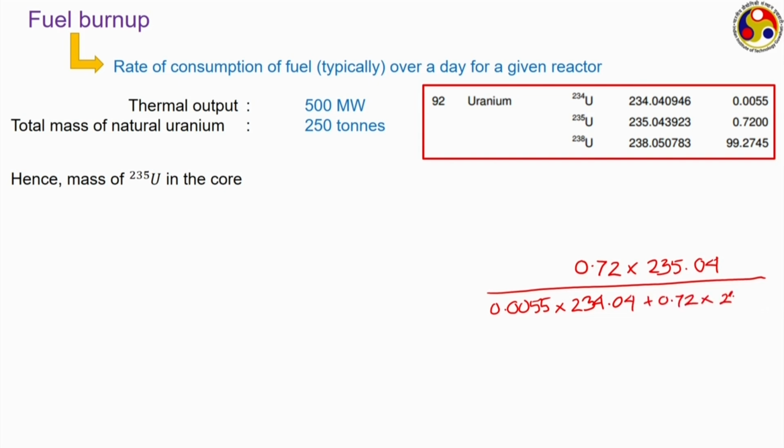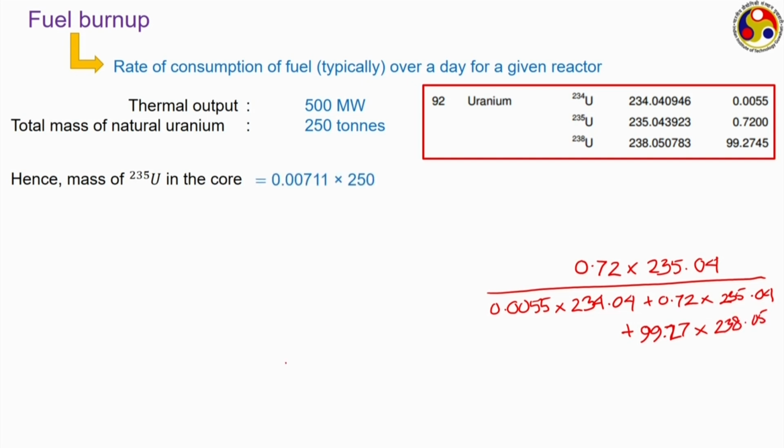0.72 into 235.04 corresponding to uranium 235, plus the last fraction for uranium 238, which is 99.27 into 238.05.